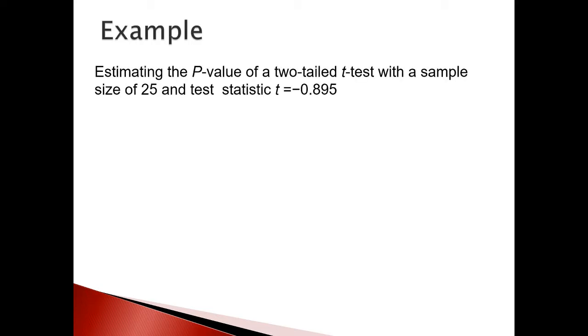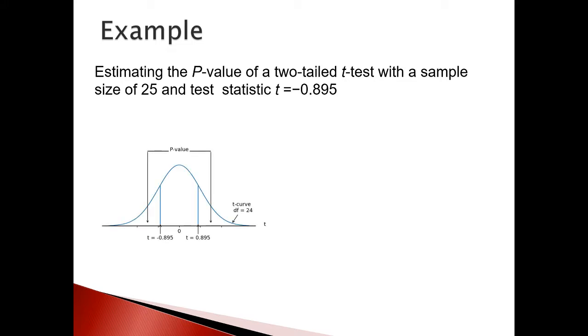This example is for a two-tailed t-test. Here we consider sample size 25, and test statistic t equals negative 0.895. And from figure A we see that df equals 24.